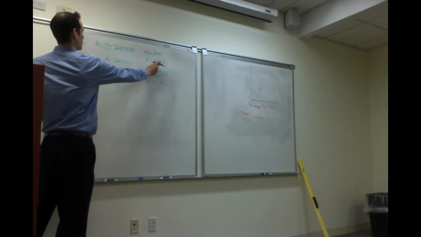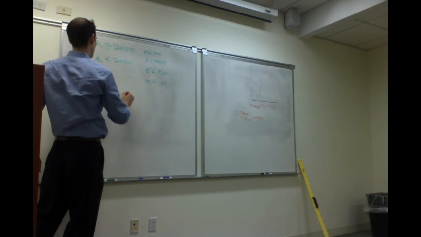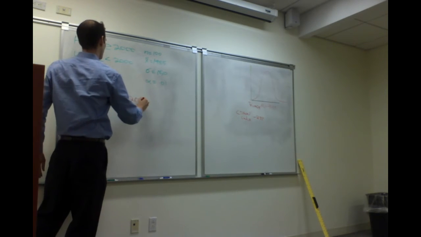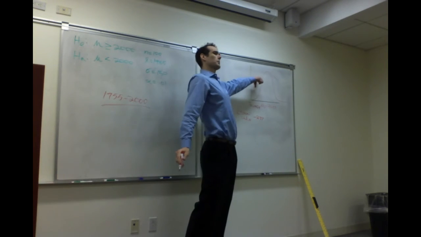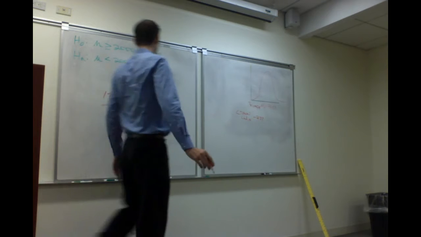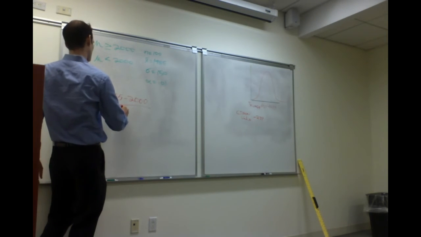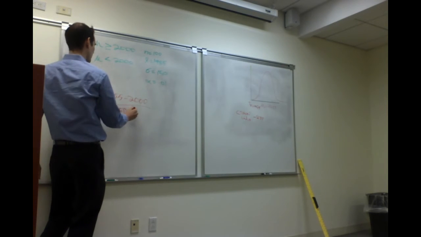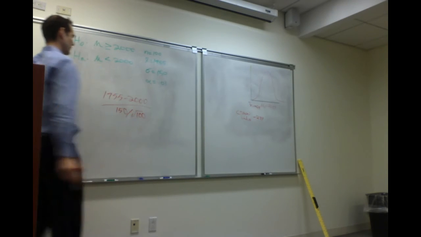We take the sample mean, 1955 minus 2,000, divided by the standard deviation of the sampling distribution of the sample means. And we know that standard deviation is the 150, the population standard deviation, divided by the square root of n, which is the square root of 100.